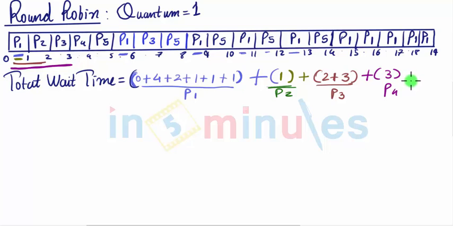Again repeating the statement, be careful. P4 only lasted 1 cycle and it waited only till 3 burst cycles and then it started. So 3 waiting period.